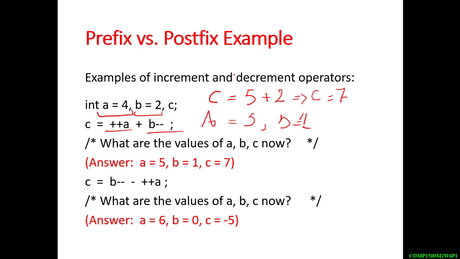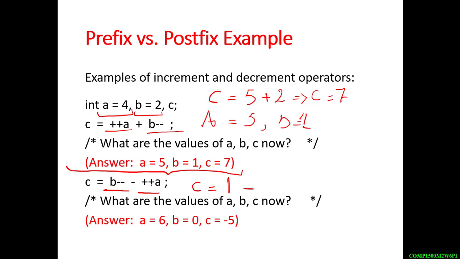Now, same applies over here. If we said b-- minus ++a, this means c will equal to b--, meaning use the value of b before changing, and we are going to continue on this example. So these are our new values. So b-- will equal to 1 minus ++a.